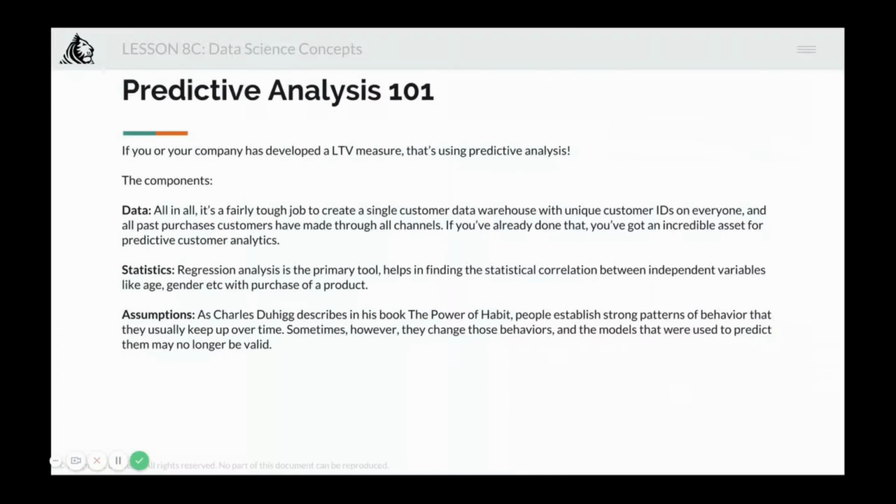Another reason a predictive model's assumptions may no longer be valid is if the analyst didn't include a key variable in the model, and that variable has changed substantially over time. The great and scary example here is the financial crisis of 2008 and 9. It was caused largely by invalid models predicting how likely mortgage customers were to repay their loans.